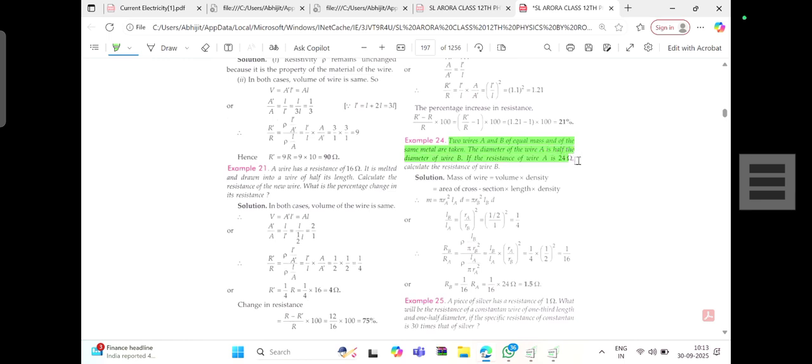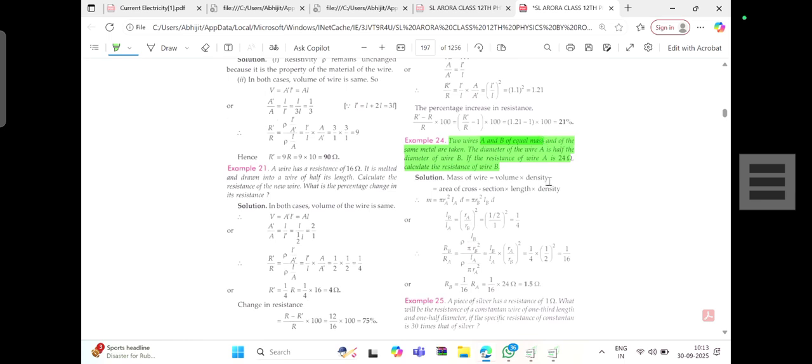The diameter of wire A is half of the diameter of wire B. If the resistance of wire A is 24 ohm, calculate the resistance of wire B. Okay, it clearly says that A and B are of equal mass. I highlighted this area.